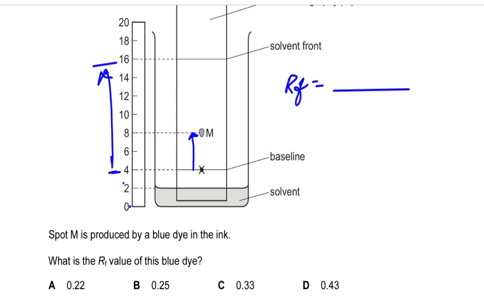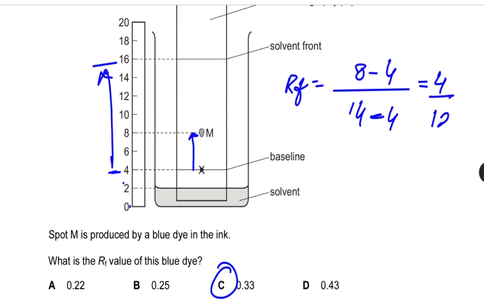Let me check the answer. The answer will be 0.33. We can calculate it: distance traveled by the substance is 8 minus 4, and 16 minus 4, so 4 divided by 12.